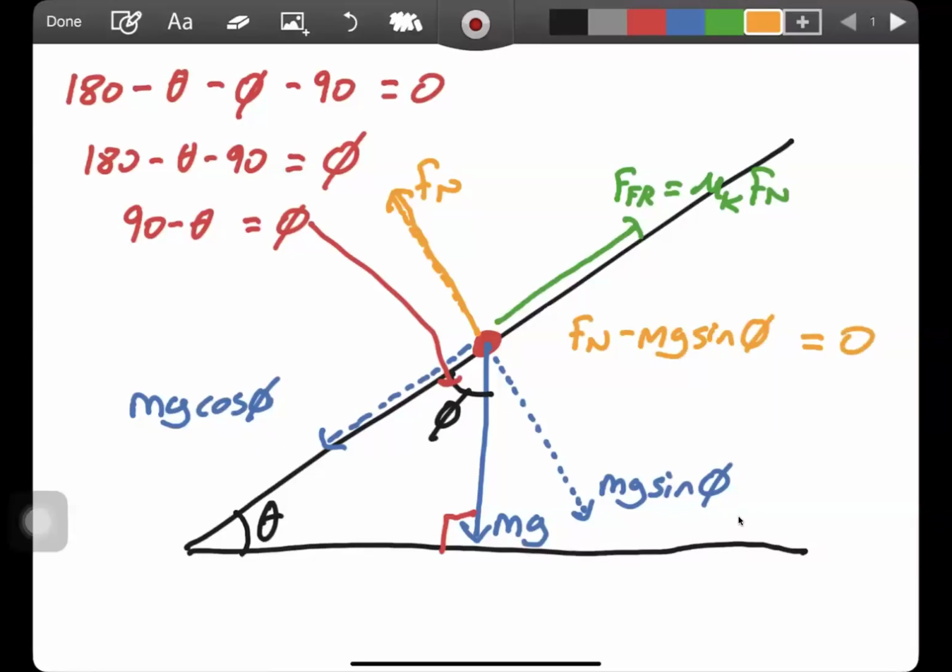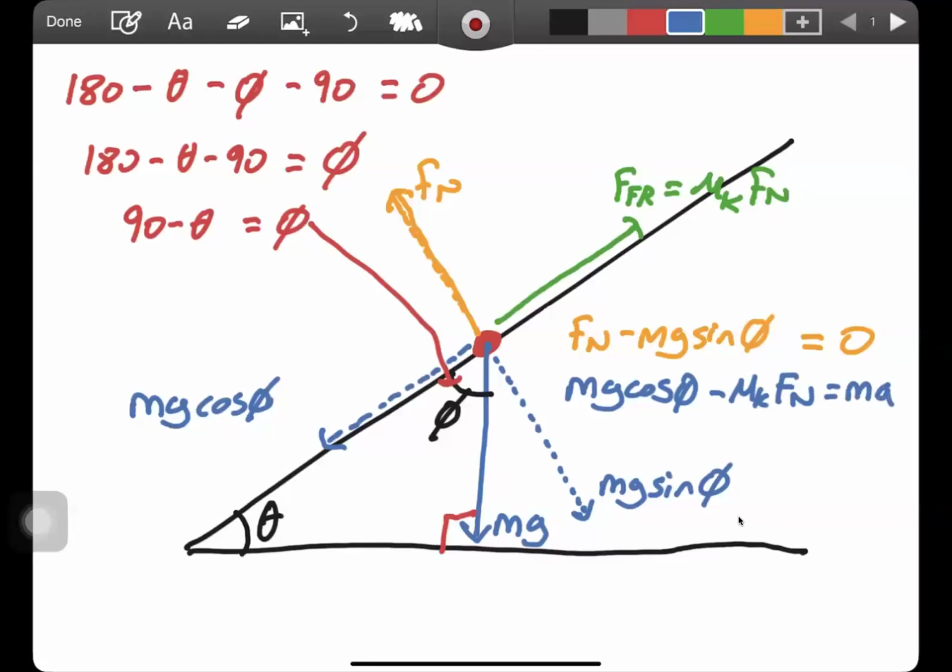And meanwhile, we can say with respect to the motion along the inclined plane, depending on what direction you want to have as positive and negative, let's just, for the sake of it, say that as it rolls down, that'd be its natural inclination. We'll call that positive. So we would have mg cosine phi minus, and then remember the friction, mu k Fn. And so here's the thing, we can unpack this some more. We're going to say that that's going to be equal to the mass times the acceleration along the incline.